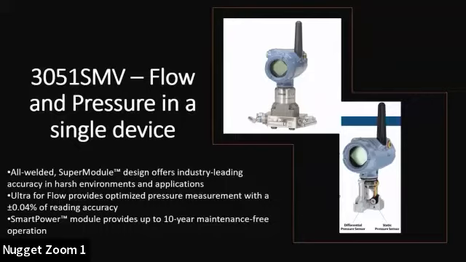The other nice thing about this device is this is what we call our Super Module. Basically the electronics, if you will, are buried in that. It's hermetically sealed. It's all 316 stainless steel. And then the only thing up in the housing is going to be your display, if you have an LCD display, your radio card, and then your antenna.